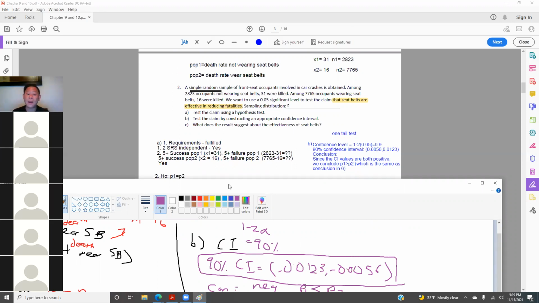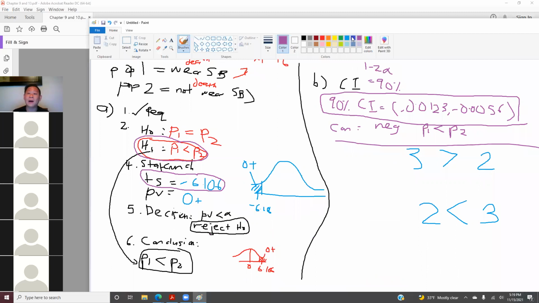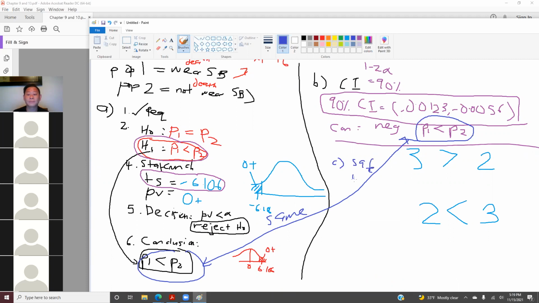But however, no matter what you do, the conclusion that you make here and the conclusion that you make here, they are the same. And that means that seatbelts save lives, right? Because for those who wear seatbelts, the death rate is actually less than those who do not wear seatbelts.